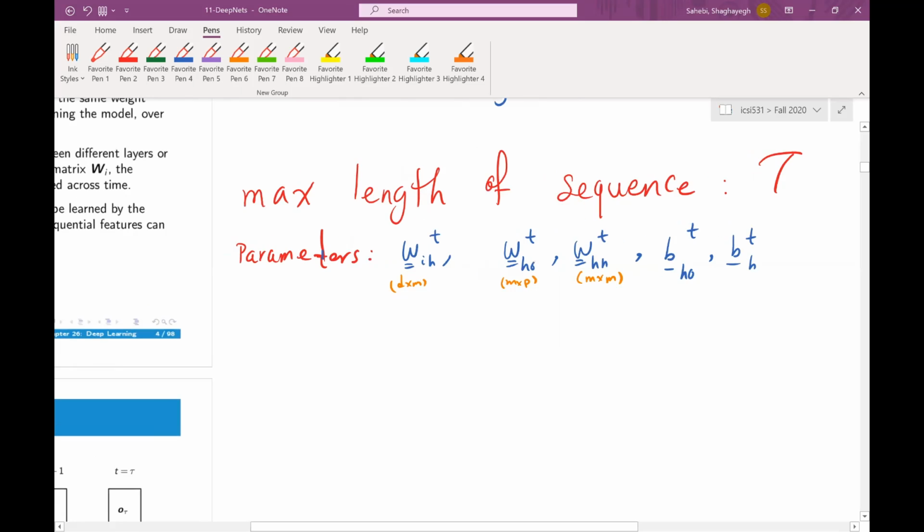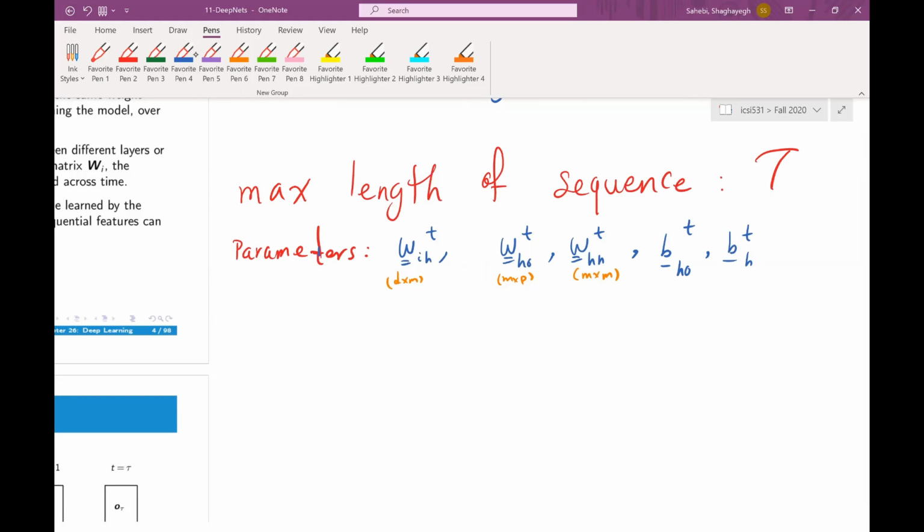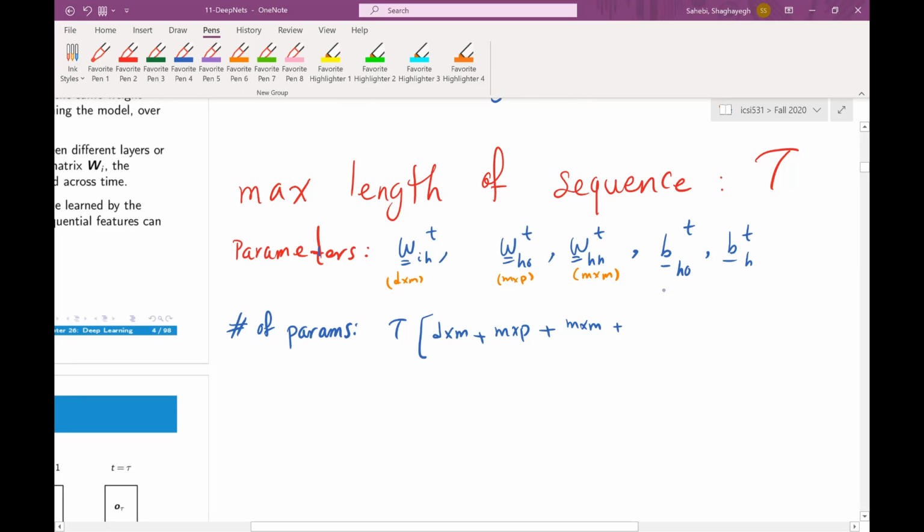So how many parameters are we going to have? If the maximum length of the sequence is tau, then how many parameters should we learn? Well, we have to learn tau of WIHs, so D multiplied by M, plus all the values in the matrix WHO, M by P, plus M by M, plus P plus M for BH and BHO, right?